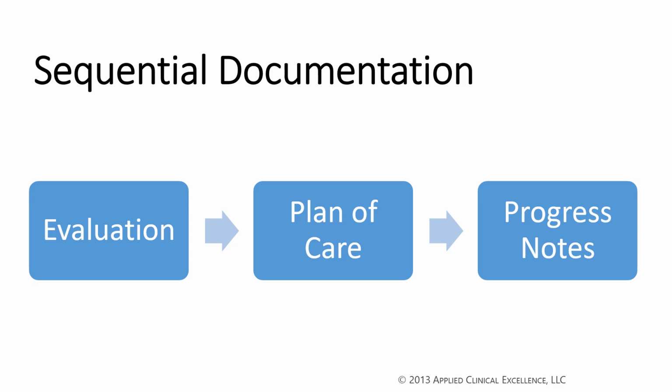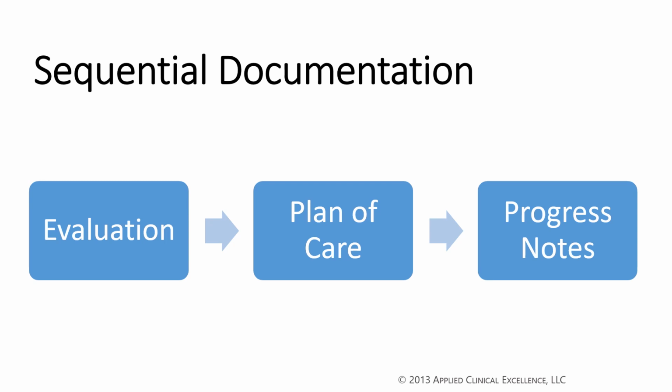During an episode of care when a new evaluation or plan of care is needed, that documentation must again be completed in sequential order. When a current patient has an evaluation, let's say an annual evaluation, their next therapy service cannot be documented in ACE until the evaluation is signed.